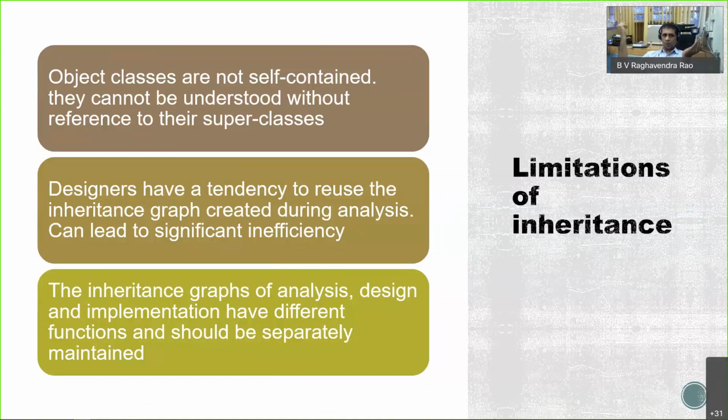One major limitation is that inheritance or generalization makes classes not self-contained. When you inherit, say, the string class, your new class will not be self-contained. If somebody wants to analyze it, that person should also know what the string class is. That is one limitation of inheritance.